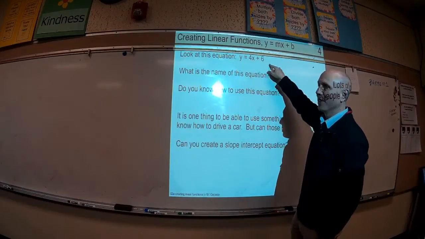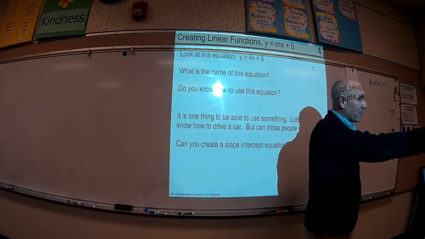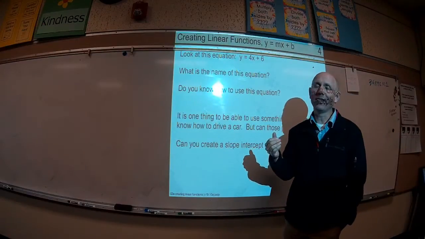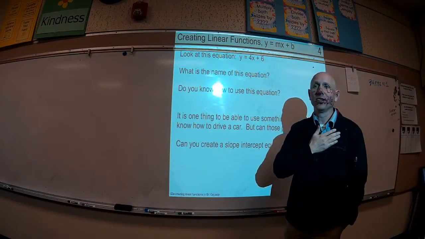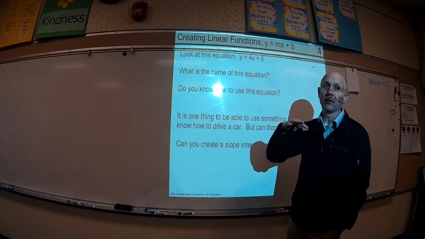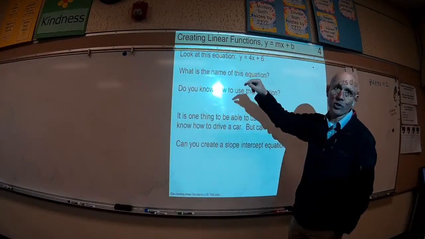Griffin, what's the name of this equation? It's not the slope equation. This is my failure as a teacher. Months of this. What is the name of this equation? Linear function. It is a linear function, but what is the name of this equation? Slope intercept equation. This is the slope-intercept equation.